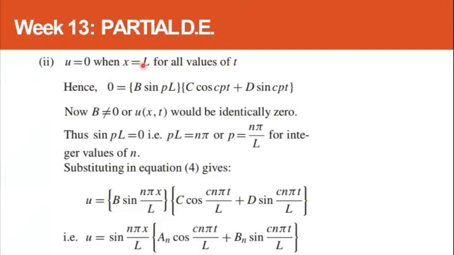So hence, we have 0 equal to B sine PL times C cosine CPT plus D sine CPT. This is based again on our formula for equation 4.